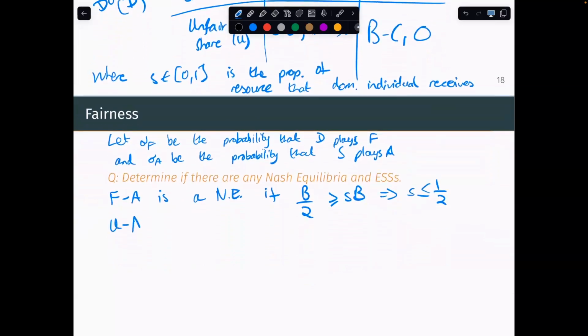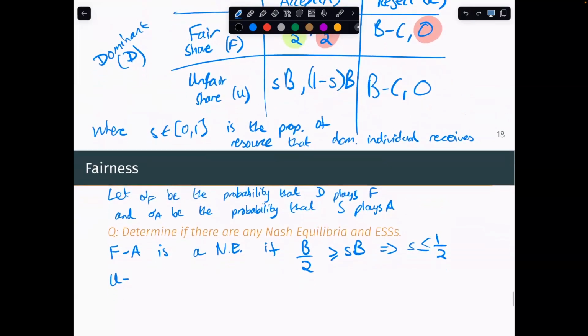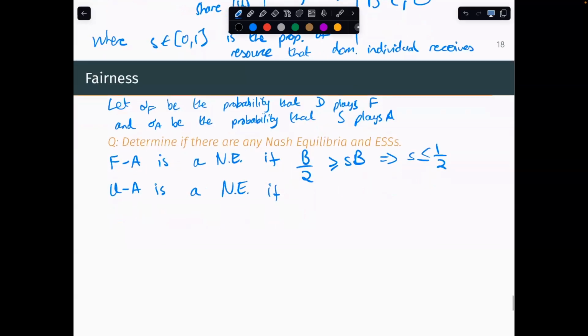Likewise, unfair, accept is a Nash equilibrium. Sorry, my notes are wrong here. I've got it written down. That's a Nash equilibrium if B over 2 is less than or equal to SB.